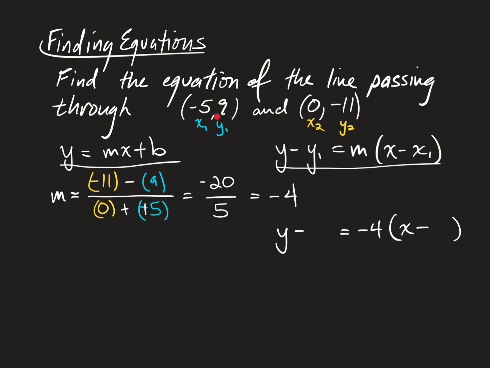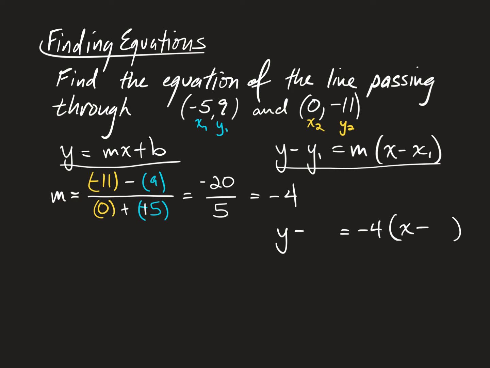The problem I run into is I have two ordered pairs to pick from. And you might say, hey, I see y1 and x1, so I'm going to use these numbers here. That's fine, use those numbers. But I want to point out that you can use these numbers as well. I'm going to stick with these numbers for now.